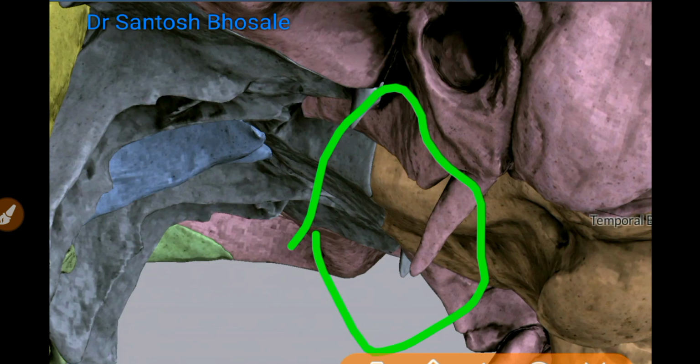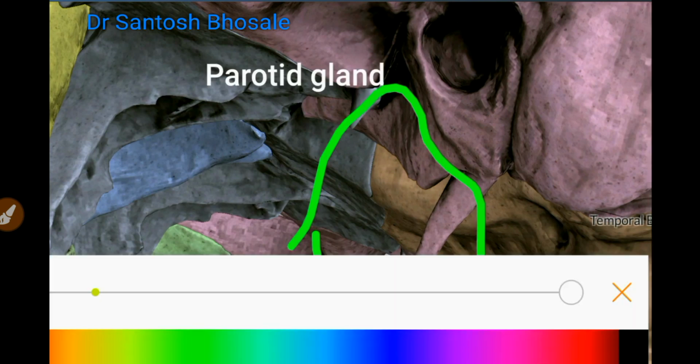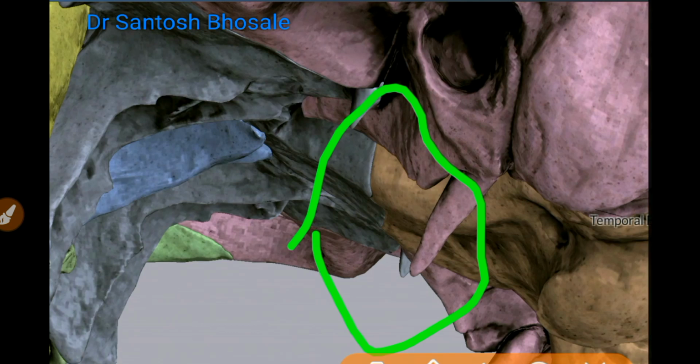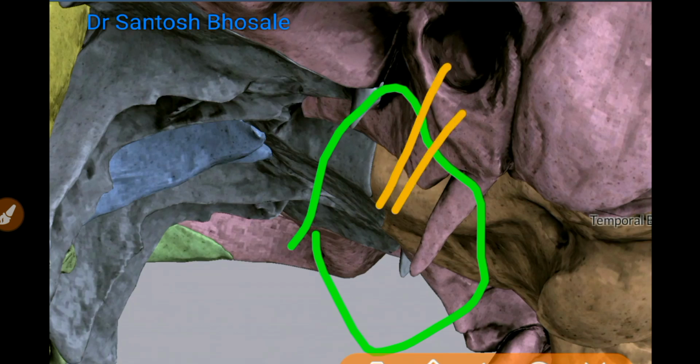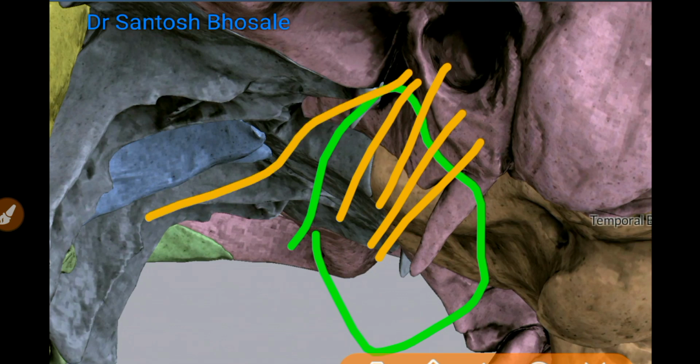and it is related to the posteromedial surface of the parotid gland, the styloid process, and medially it is related to the 4 cranial nerves, 9, 10, 11, 12, the internal carotid artery, internal jugular vein also, and chorda tympani nerve is passing medial to it.